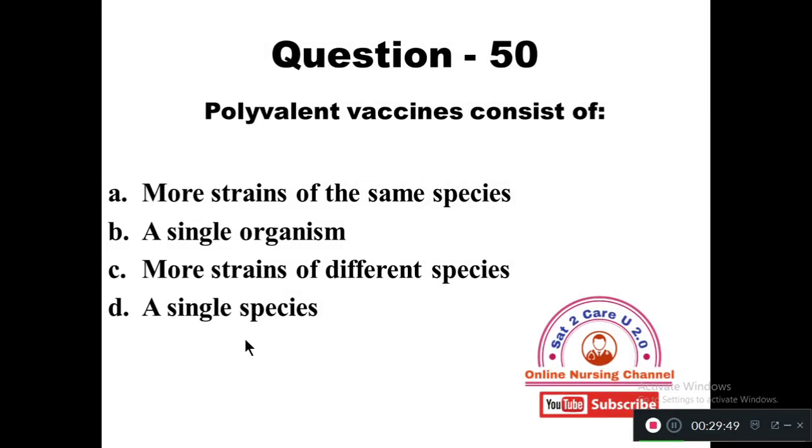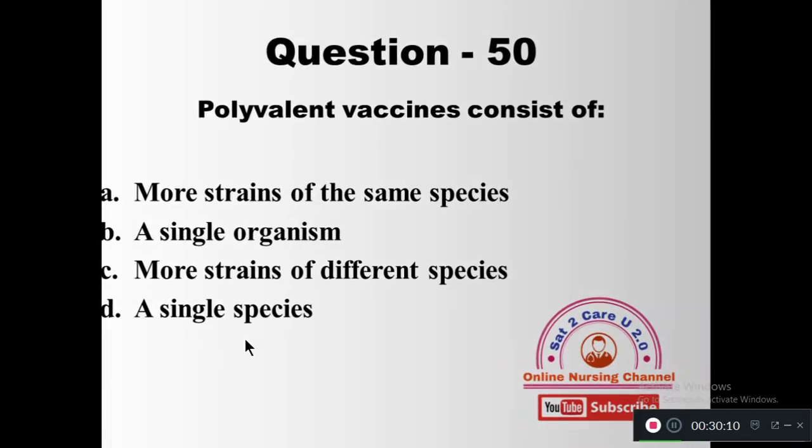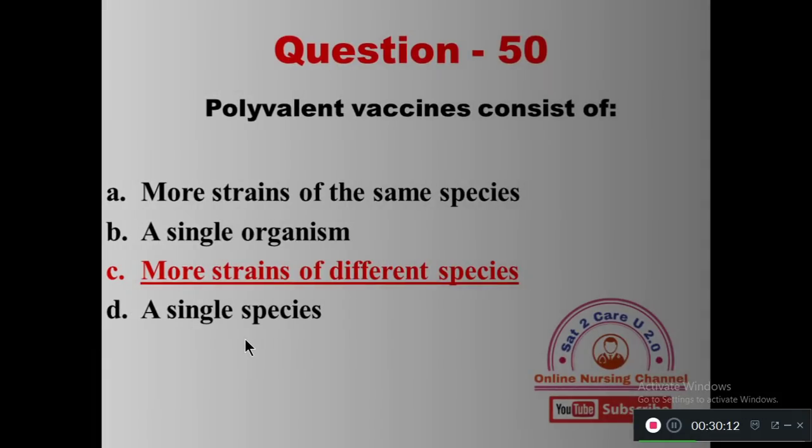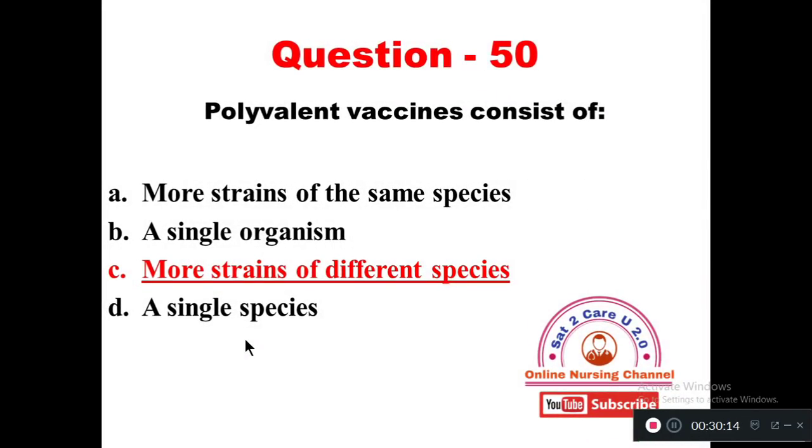Polyvalent vaccines consist of option A, most strains of the same species, option B, a single organism, option C, most strains of different species, option D is a single species. So a polyvalent vaccine will consist of strains of different species.